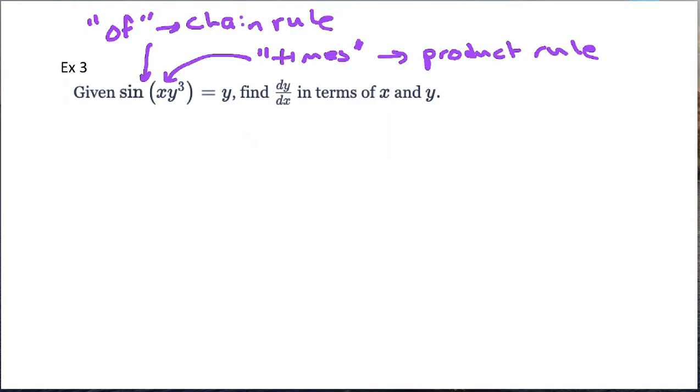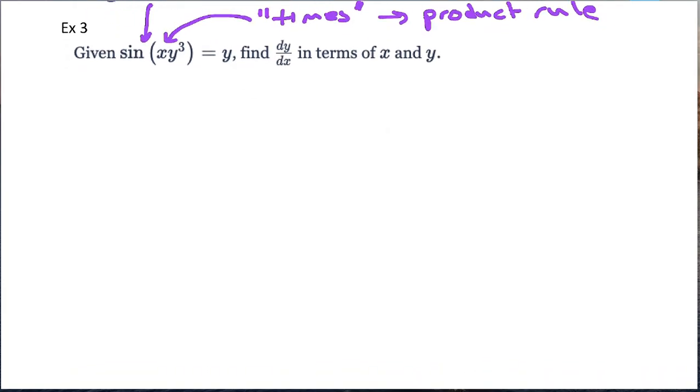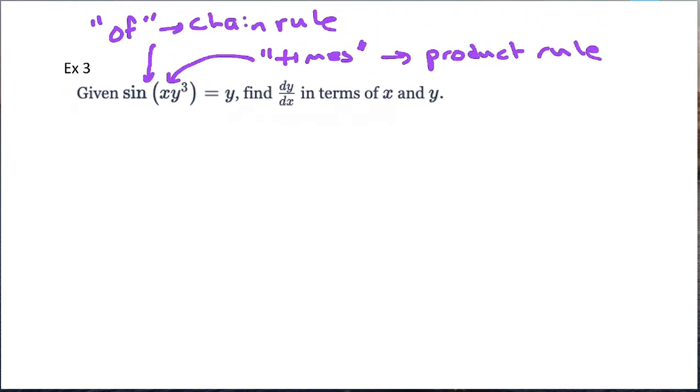I'm going to change to a little smaller, thinner line. But here's what I got. So leave that right there. So derivative of sine, cosine. I leave the x y cubed alone because that is the inside.